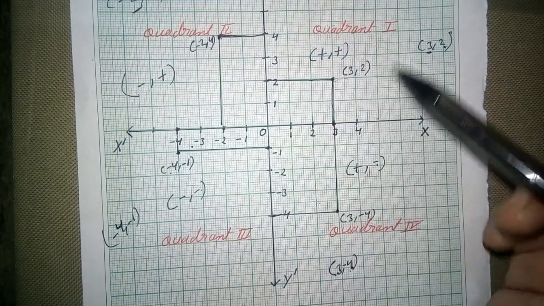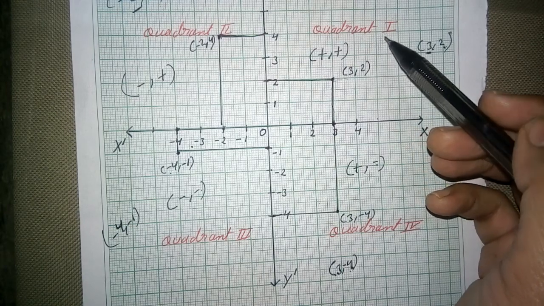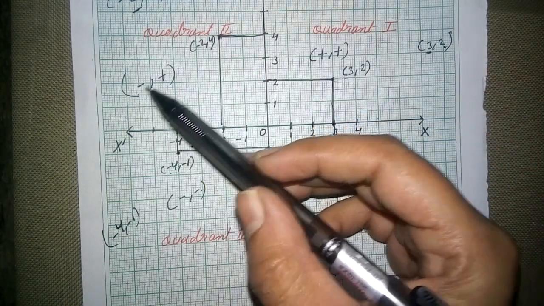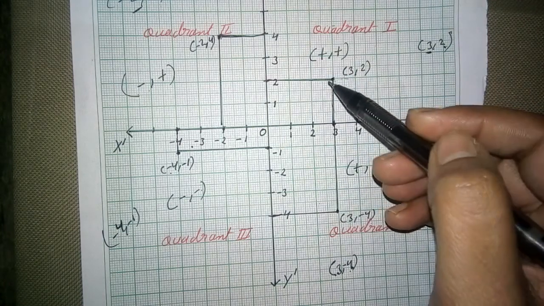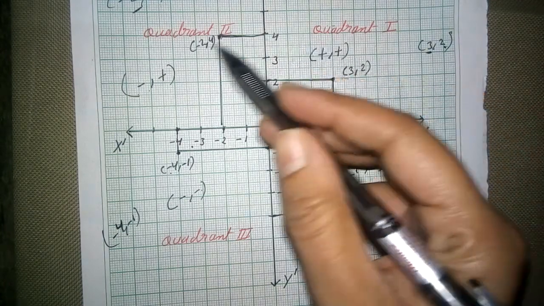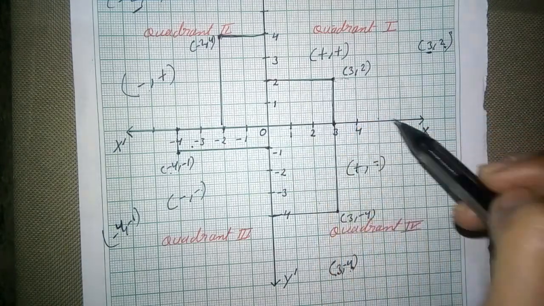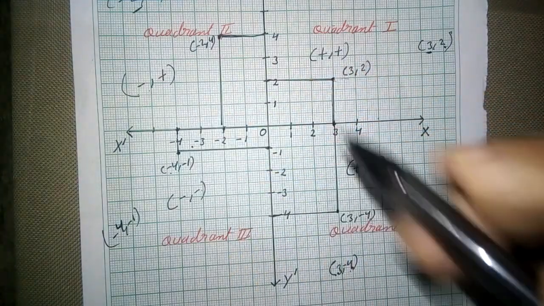These things you have to remember. We number the quadrants from OX anticlockwise.